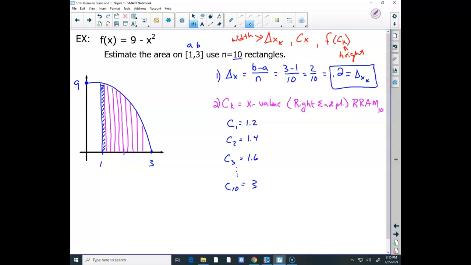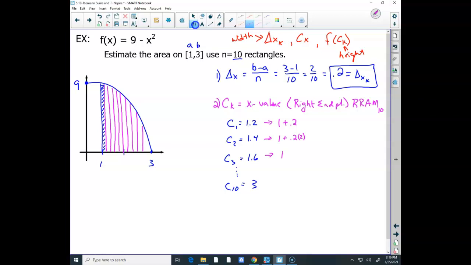Well, it really kind of came from 1 plus 0.2 times, see, I just gave up the whole thing here. But I'm using my width every time. And this one's going to be 1 plus 0.2, but it's 2 0.2s down the road. So I would multiply that one to get my c sub 2 would be here.